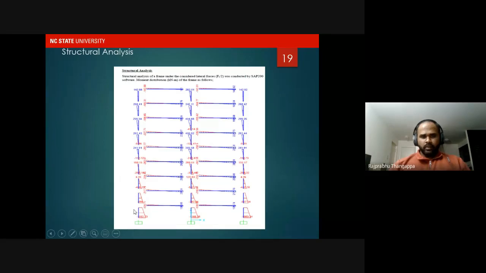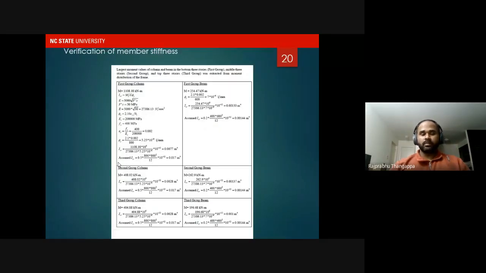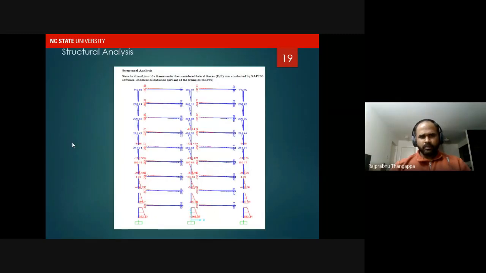So we further use these maximum bending moments to verify the member stiffnesses. So this is done because in order to perform the structural analysis, we will have to assume the stiffnesses of beams and columns, and it is generally not advisable to model these stiffnesses as gross stiffnesses.